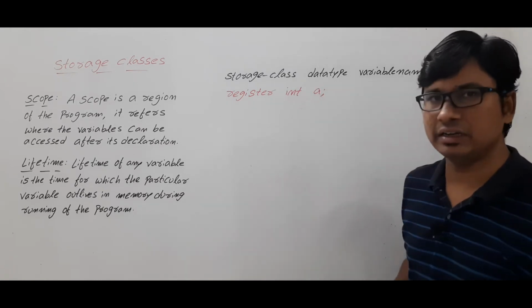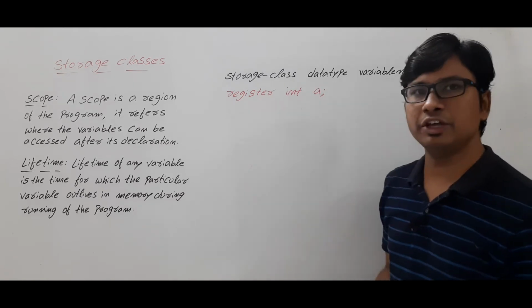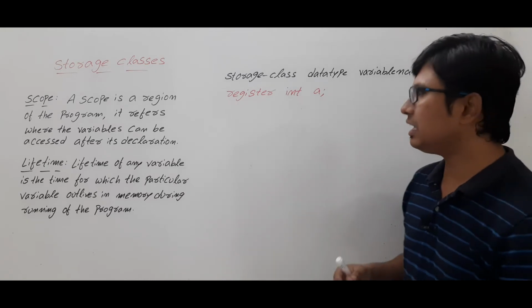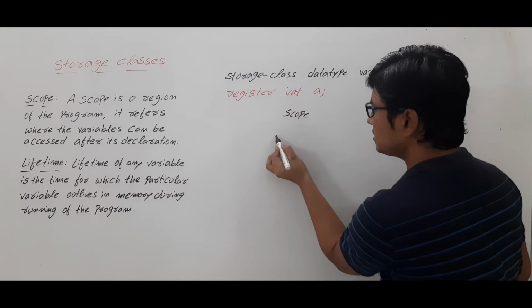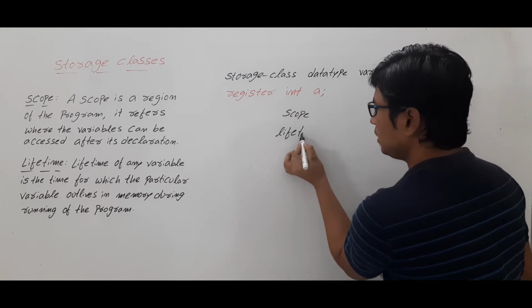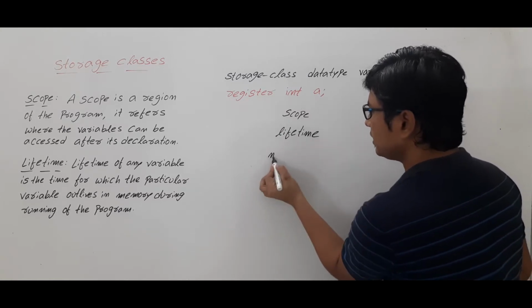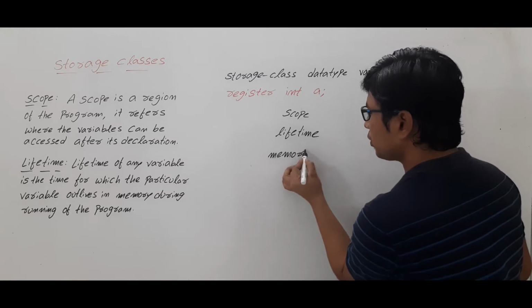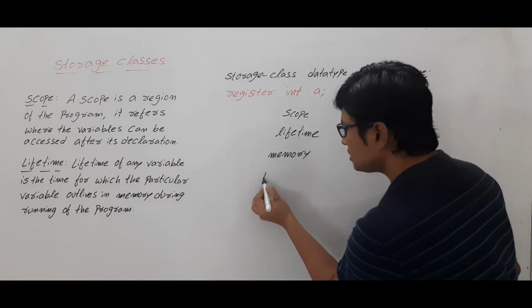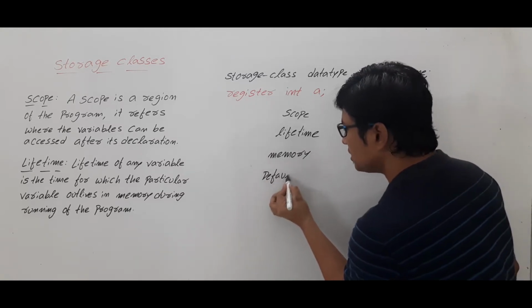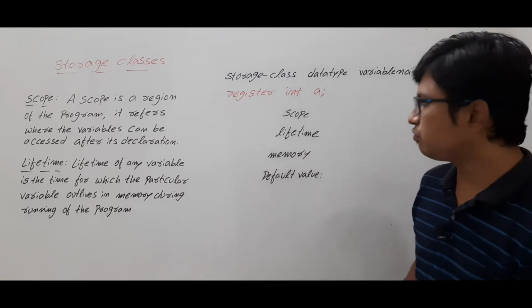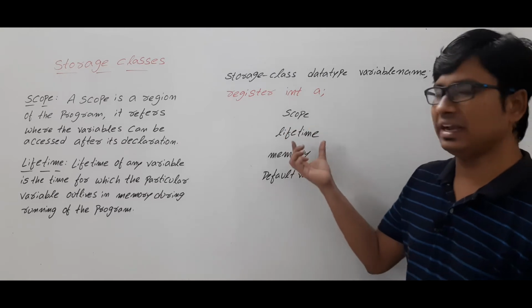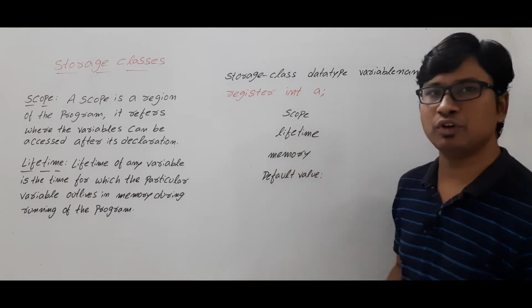Now, if you have declared a register variable, let me discuss its scope, its lifetime, where it will be saved when the program is running, and its default value. Any storage class will specify these four things: scope, lifetime, memory and default value.